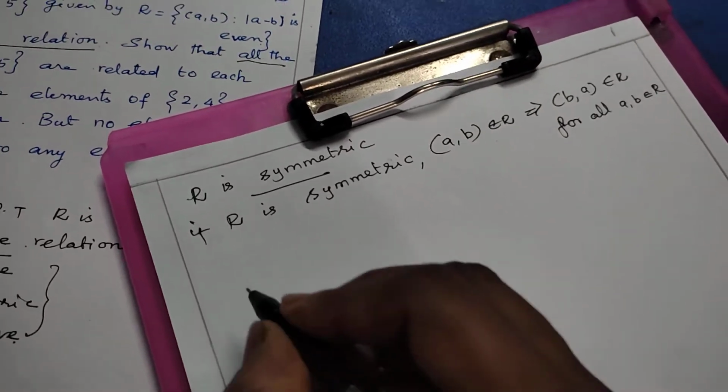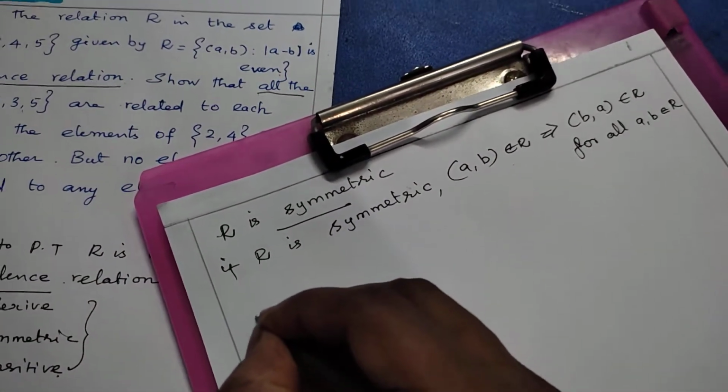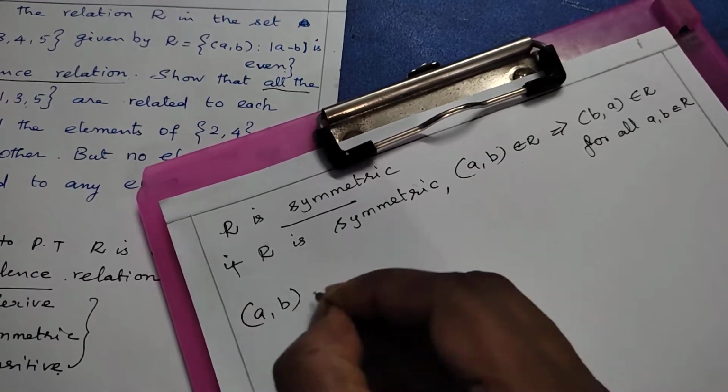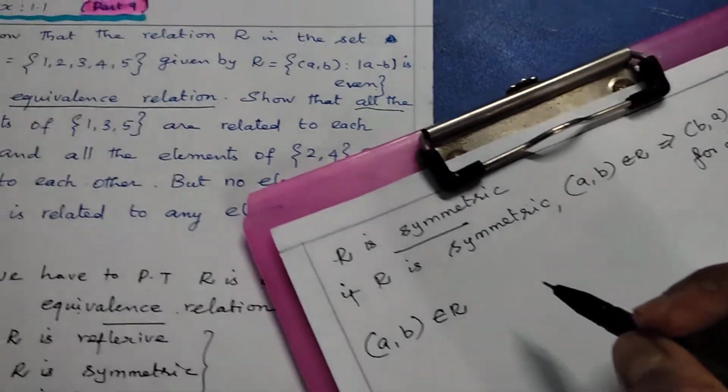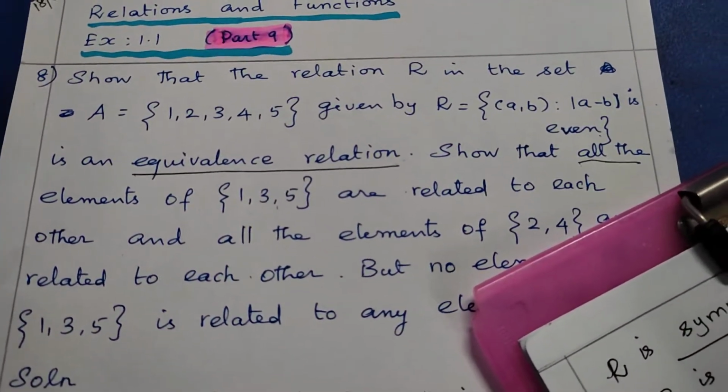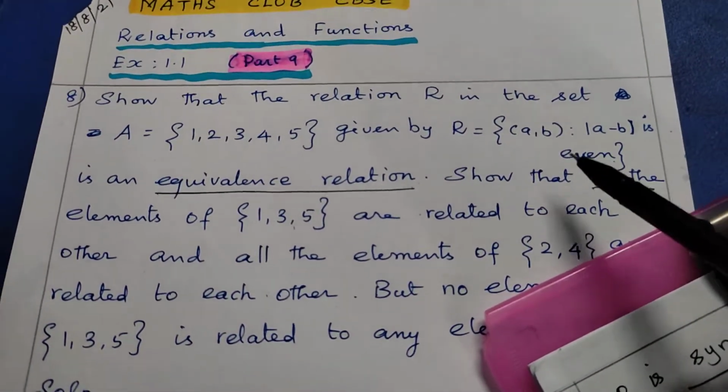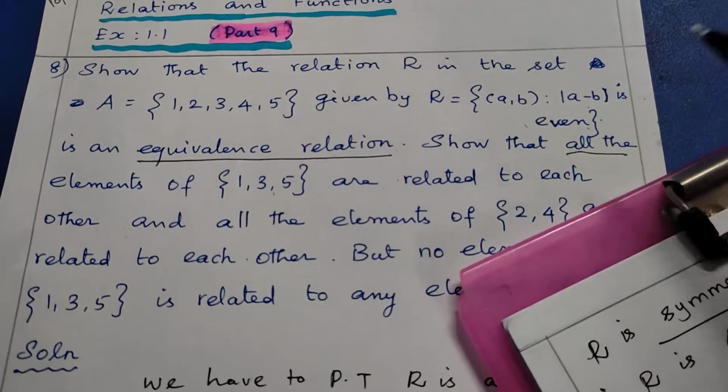Here, first we take A comma B belongs to R. From the given relation condition, R is equal to the set of A comma B such that modulus of A minus B is even.